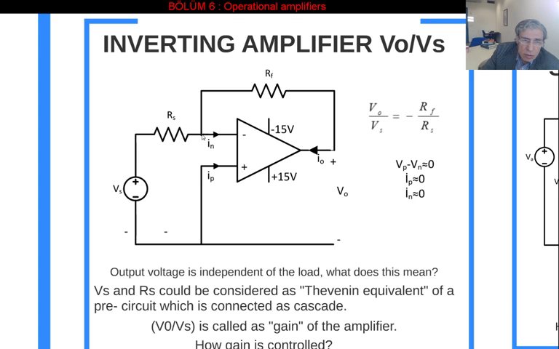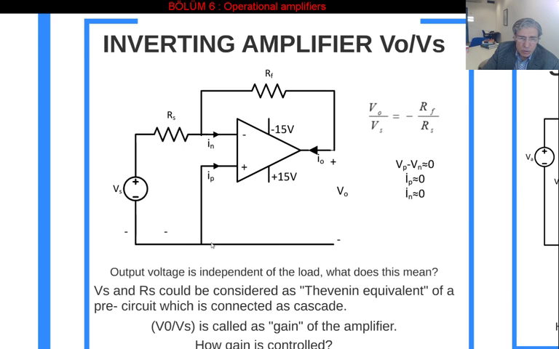Consider that node here and write the Kirchhoff current law equation for this node. What is this element current, the RS resistor current? This voltage minus this voltage. What is this voltage? You see that the plus terminal voltage is 0 since it is connected to ground, that is a short circuit.